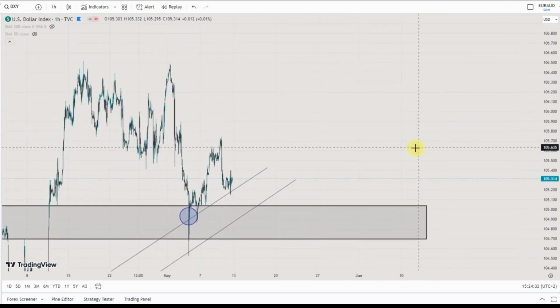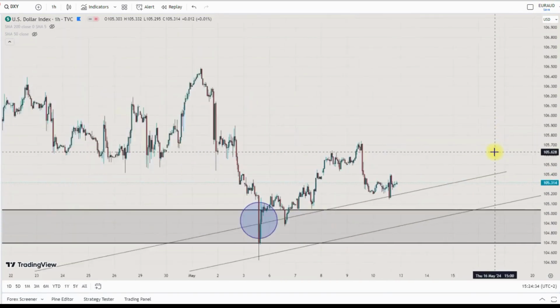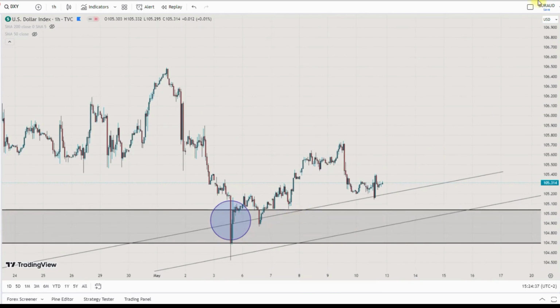If we zoom in, you'll see that price didn't create any low here, and then we saw it bouncing at this particular area.